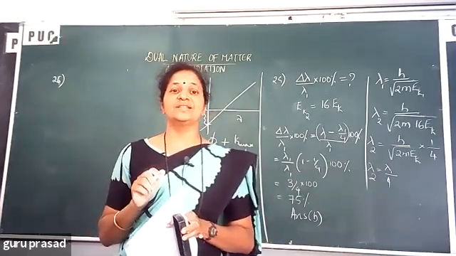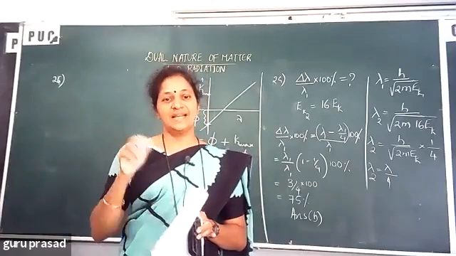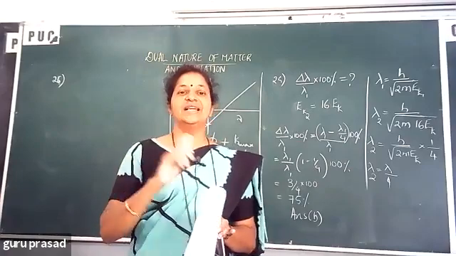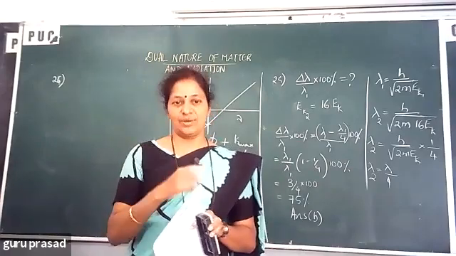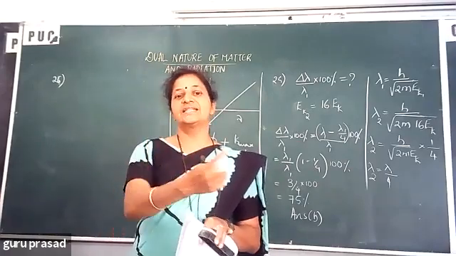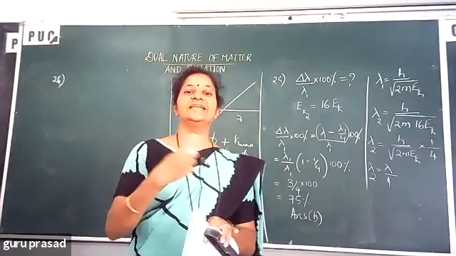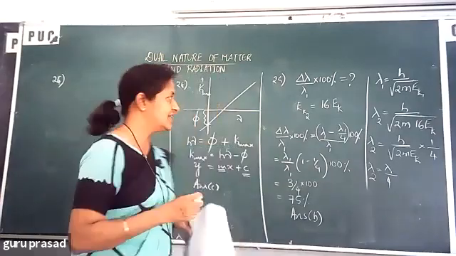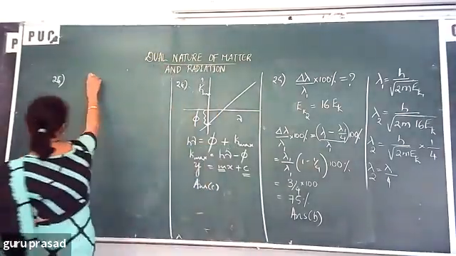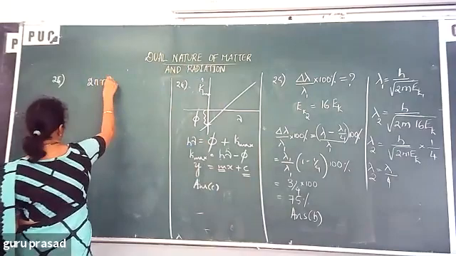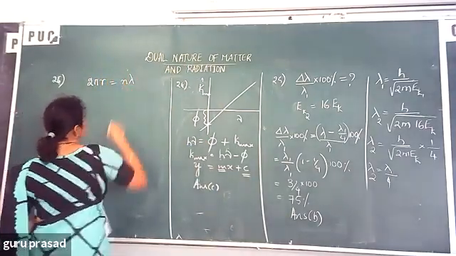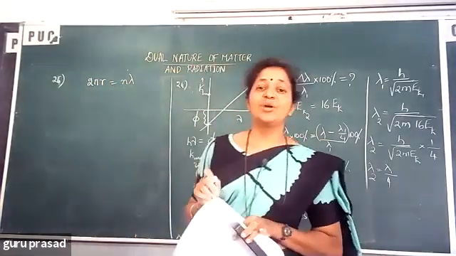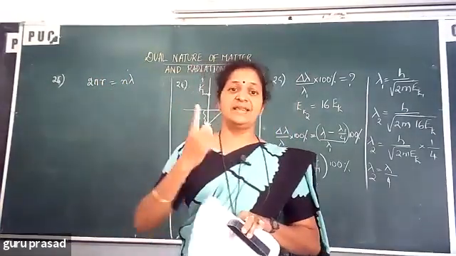If the electron is in the nth orbit, the circumference is an integral multiple of the wavelength of the electron: 2 pi r equals n lambda.